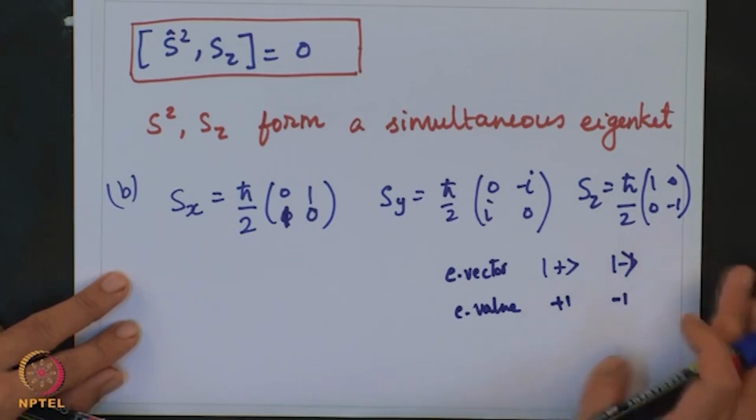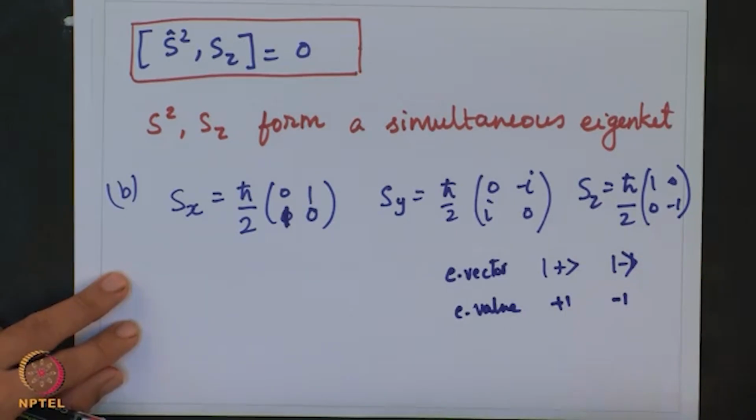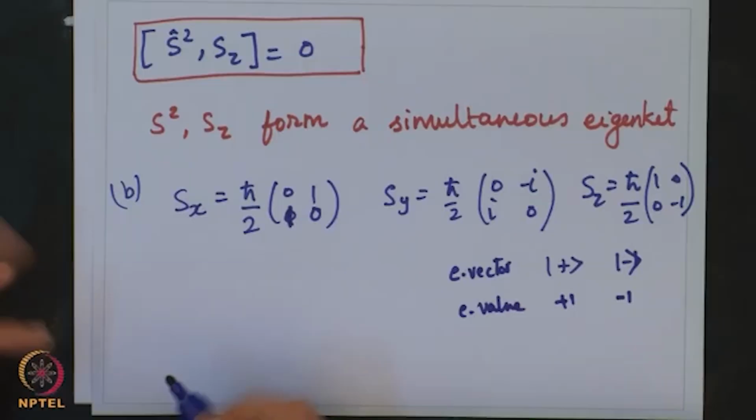You need not use the eigenvalue equation, you are very much familiar: just by looking at the matrix, if it is diagonal, the diagonal elements correspond to the eigenvalues, and eigenvectors you can easily write in terms of plus ket and minus ket. For 2 dimensional or 3 dimensional, you write in terms of plus, minus and ket 0. So, this we know already.